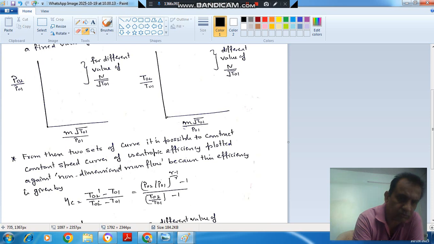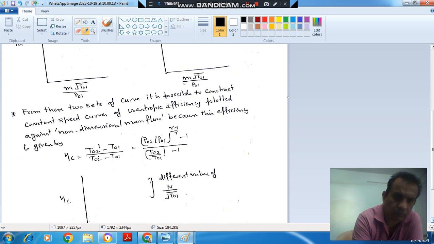From these two sets of curves, it is possible to construct constant speed curves for isentropic efficiency plotted against non-dimensional mass flow rate, because efficiency is given by this relationship. Efficiency is T02 dash minus T01 divided by T02 minus T01.